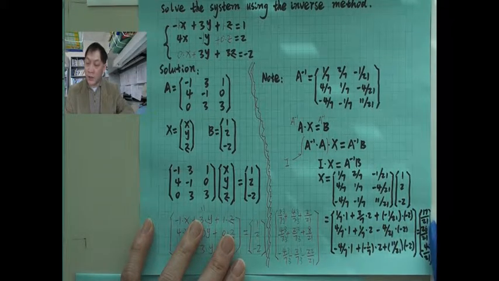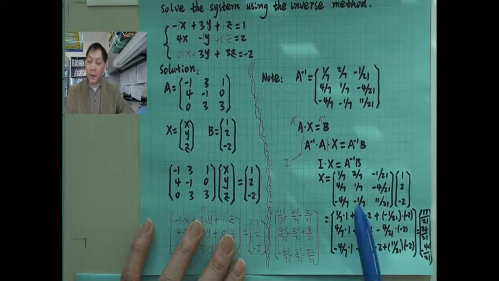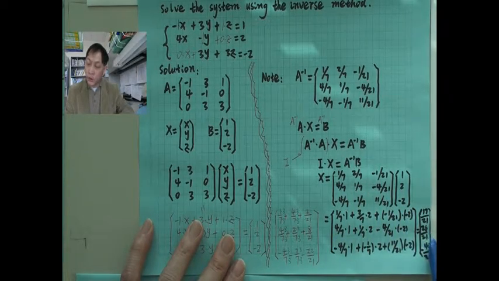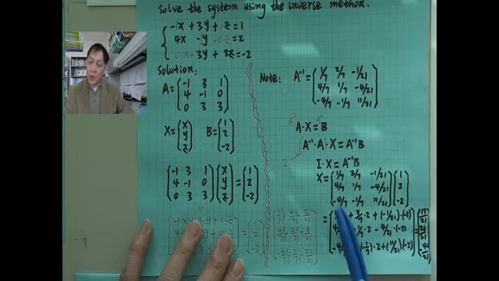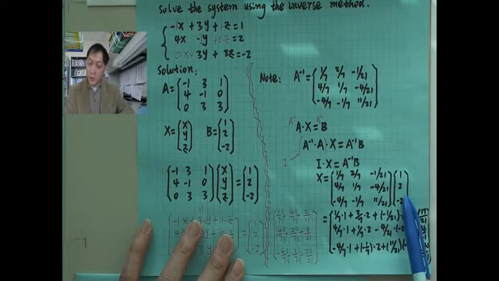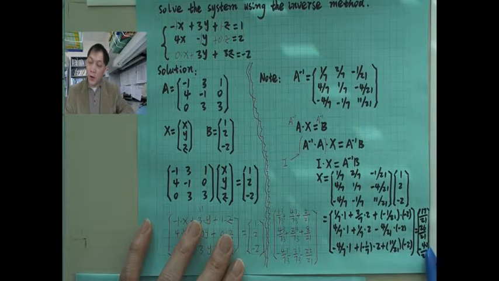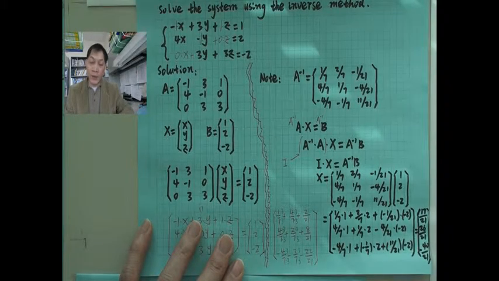That's the answer, 17 over 21. Row times column, add together, that's 26 over 21. Row 3 times this column, add together, you get negative 40 over 21. So what was our x?